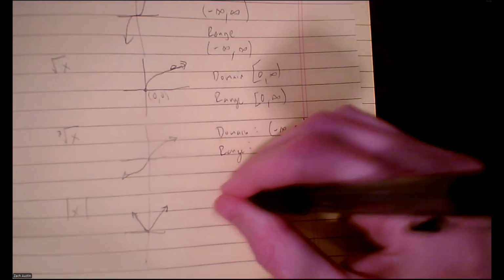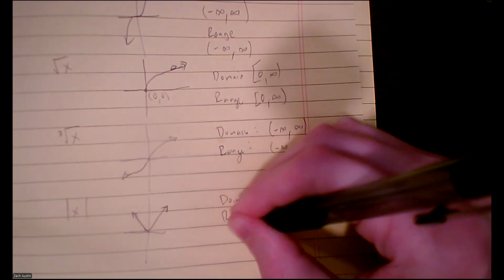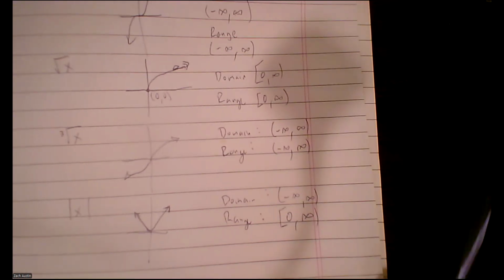They're just like pieces of lines. Our domain here goes to the left forever and to the right forever, thinking about x's, so -infinity to infinity. And then our range, going from bottom to top, starts at 0, we include 0, and then it goes up forever. So that's what we're looking at on that one.